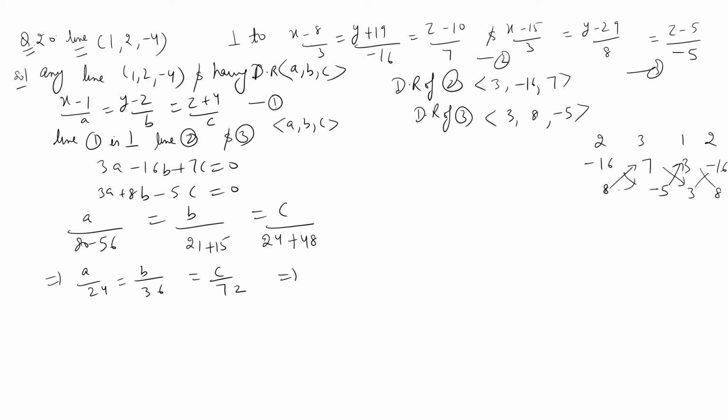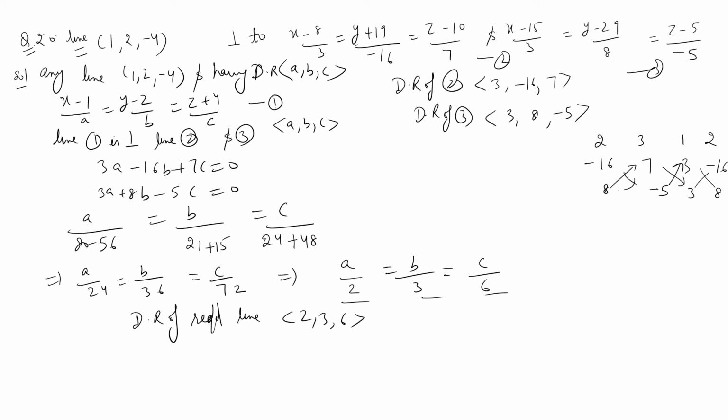This implies we can take common things, 12. We can just make it proportional, so it will be 12 twos are 24, 12 threes are 36, and 12 sixes are 72. From here I can take the reduced form of direction ratios as we earlier did. So direction ratios of the required line will be 2, 3, 6.